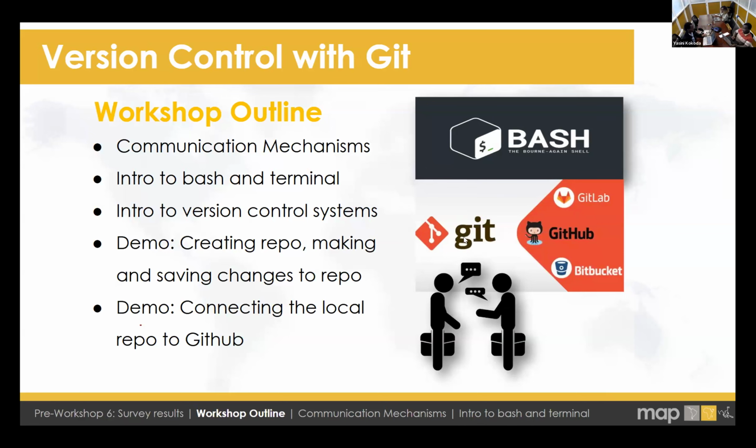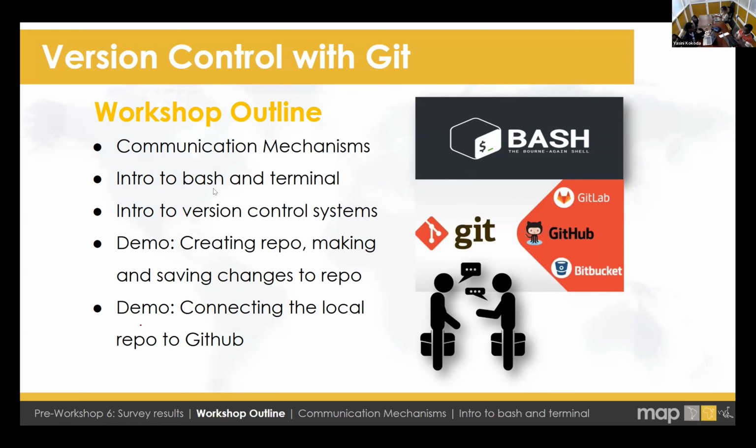Can you see the next slide? Yes. So in this course we are going to cover the following outline. We will be talking about the communication mechanisms, where we have different ways of interacting with a computer, as well as the software we are going to talk about, like Git and others.